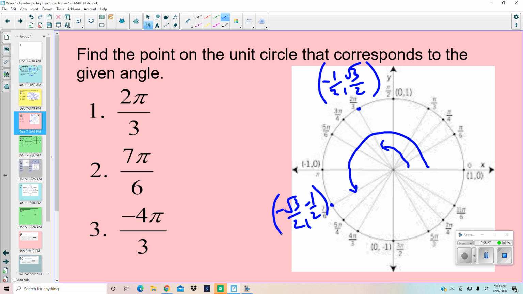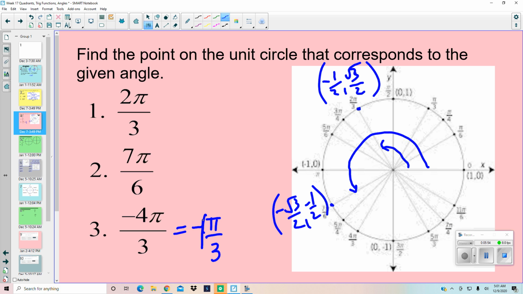And then negative 4 pi over 3. If I think about this, this is negative pi and 1/3. So I actually should write it as negative 1 and pi over 3, like as a mixed number.